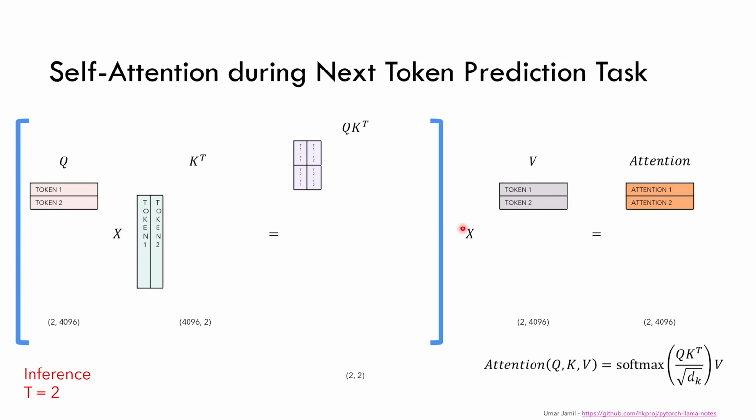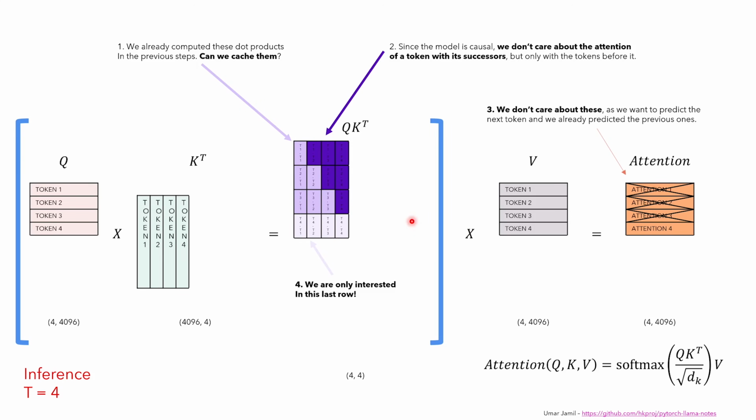As you can see, this matrix is growing: 2, 3, 4. Every time we are inferencing the transformer, we are giving the transformer some input, so it's recomputing all these dot products, which is inconvenient because we actually already computed them in the previous time step. So is there a way to not compute them again? Can we cache them?